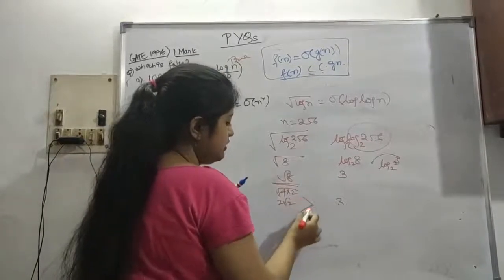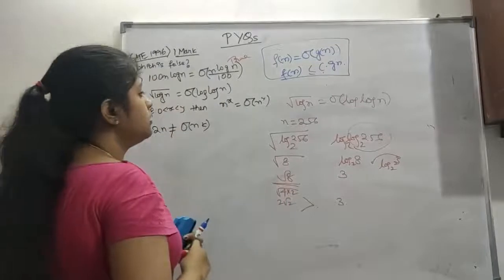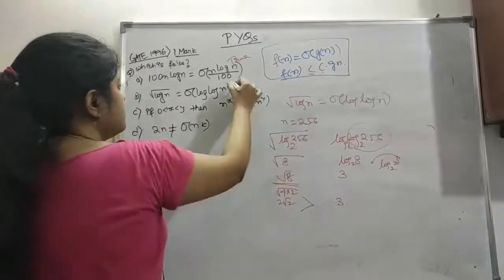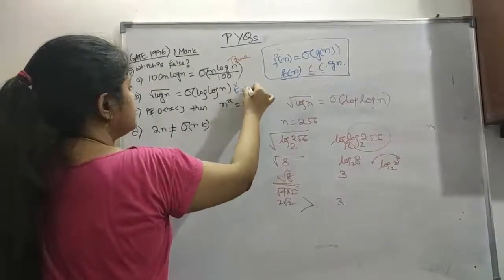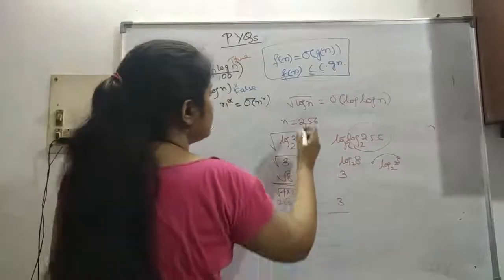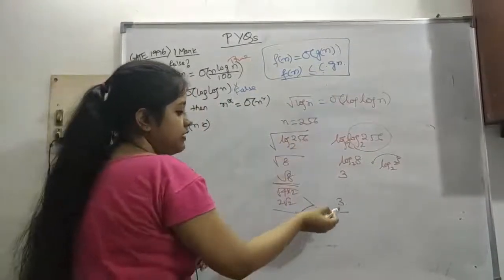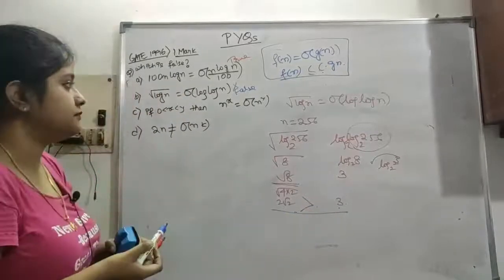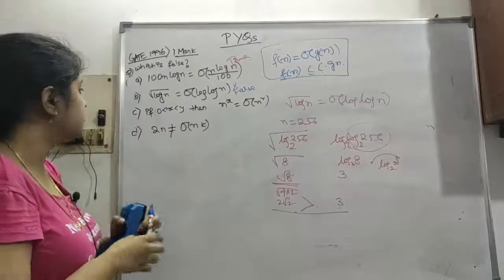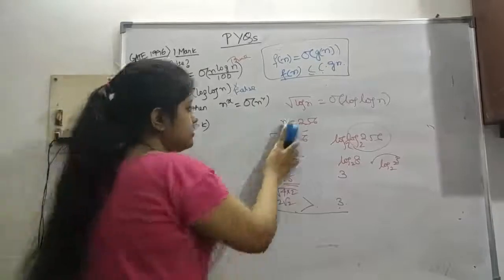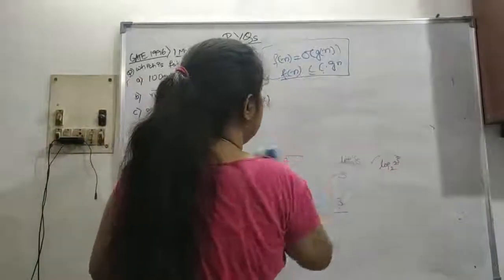So this is actually less than 3, but the claim is wrong. This is false, because f of n has to be less than c dot g of n, but here f of n is coming greater than g of n, so this is false.